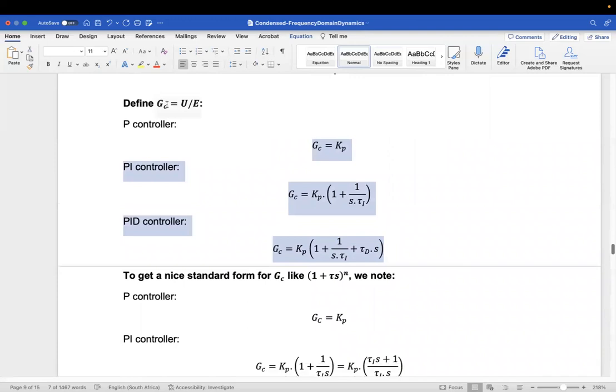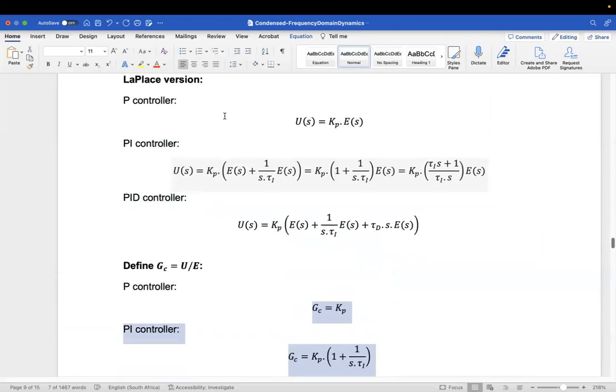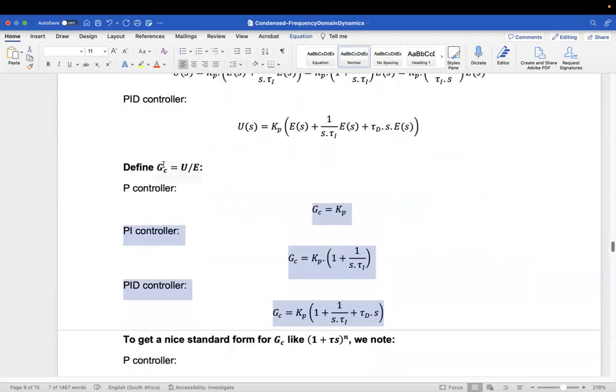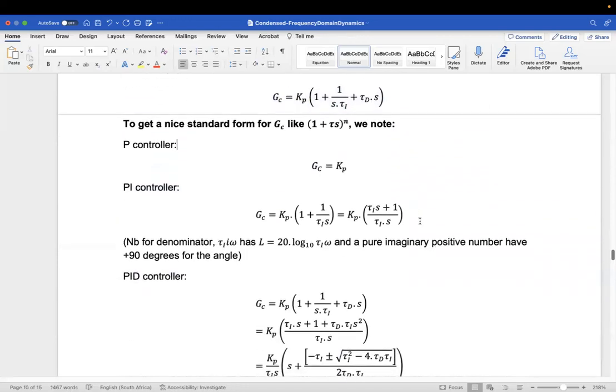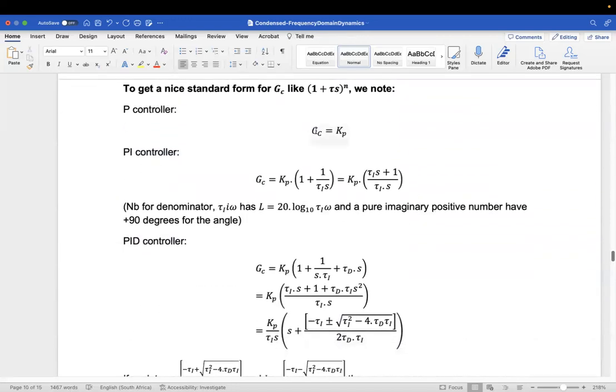If we write it in terms of GC. So instead of writing it as U's and E's, if we define GC to be U over E, then GC takes these forms. And yeah, the standard forms, so this one is already, well, this is so basic, there's no standardization to do.